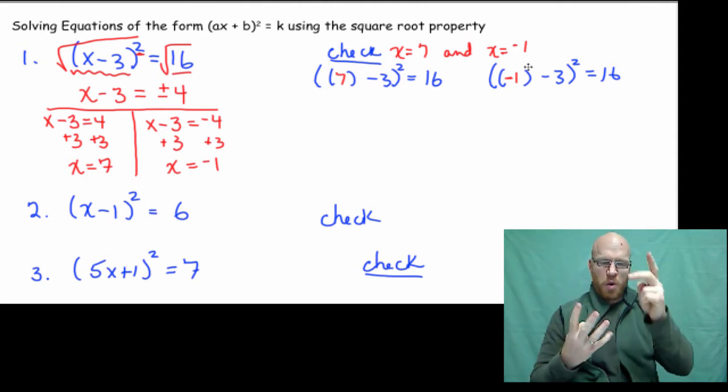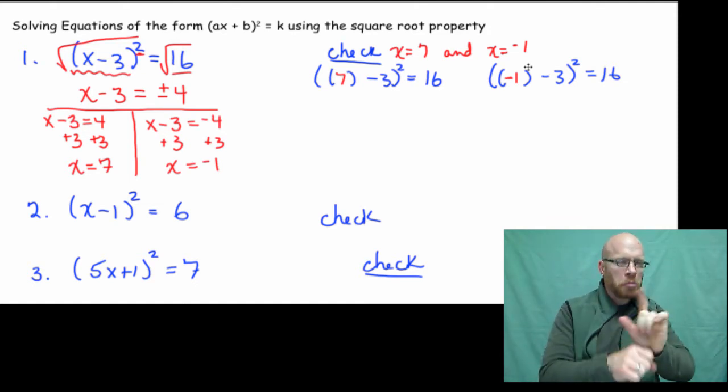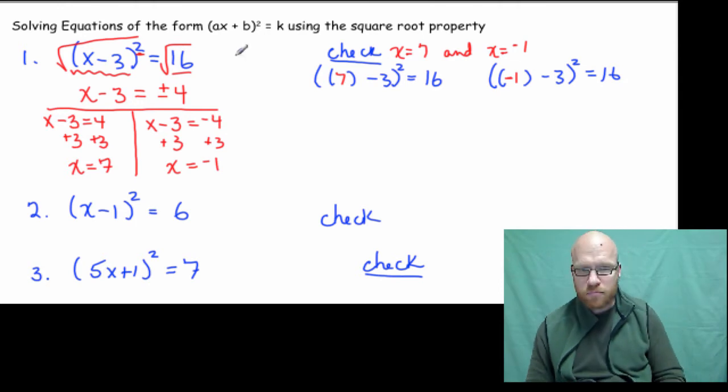Now 7 minus 3 squared, so it's 4 squared equals 16, 16 equals 16, and we'll see what the second one does too. I think they'll both work out.